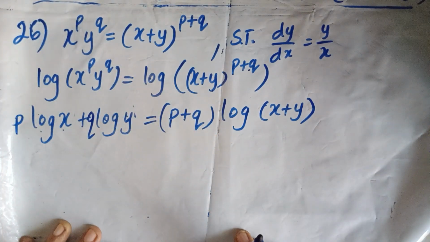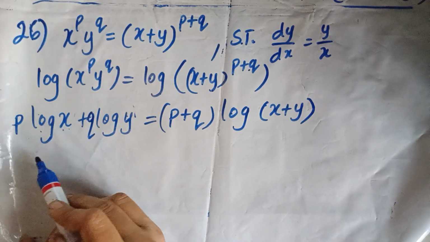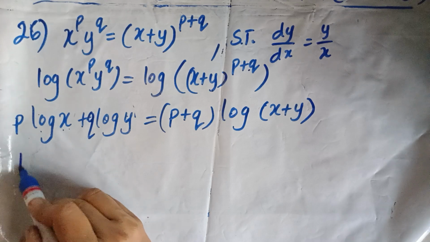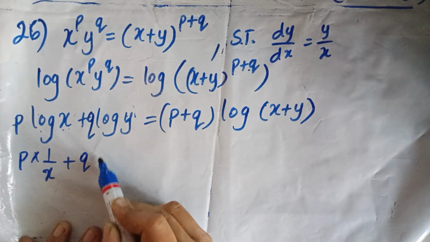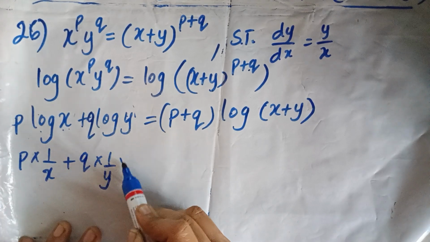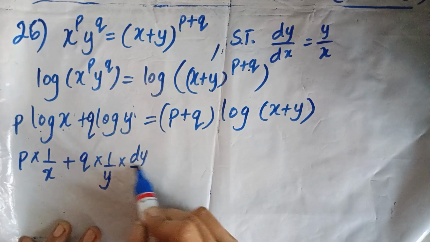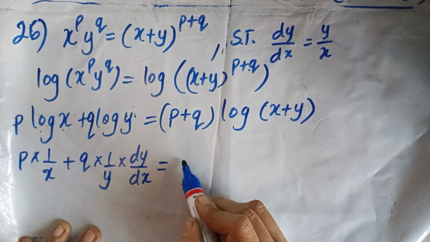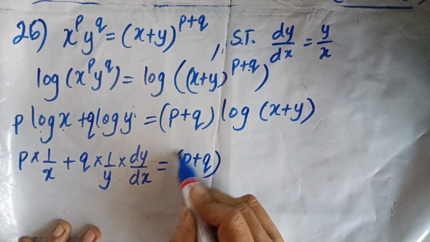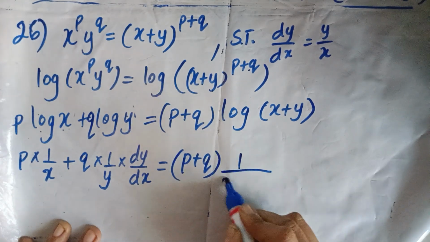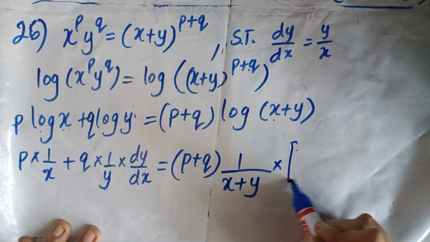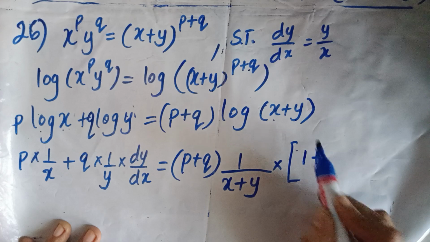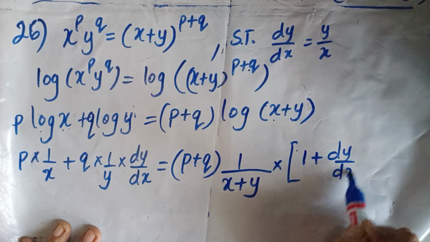Now differentiating with respect to x, p log x gives p 1 by x plus q 1 by y, and then differentiation of y, dy by dx. P plus q is constant, 1 upon x plus y, and differentiation of this, x is 1, y is dy by dx.